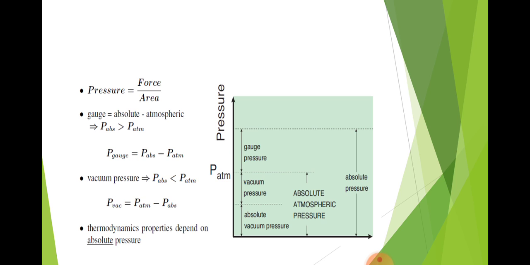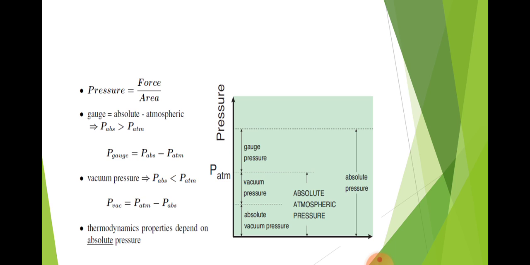So the difference between atmospheric and inside condenser pressure gives the value of vacuum and is expressed in millimeters of mercury. So the absolute pressure within the condenser is equal to the atmospheric pressure minus the vacuum. Get my point? Now we can study the diagram presented in the PPT.